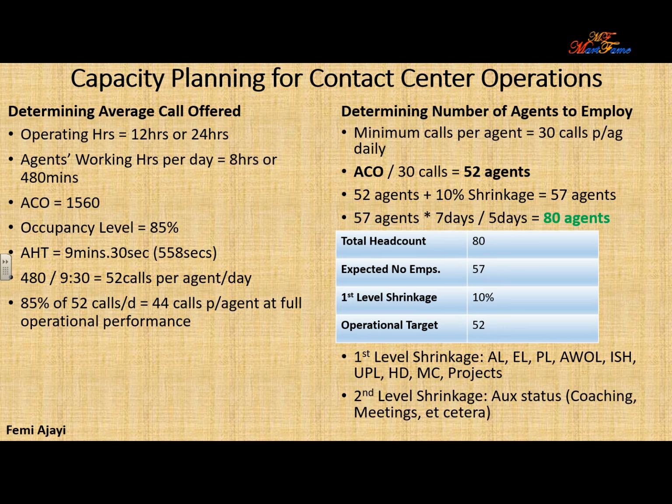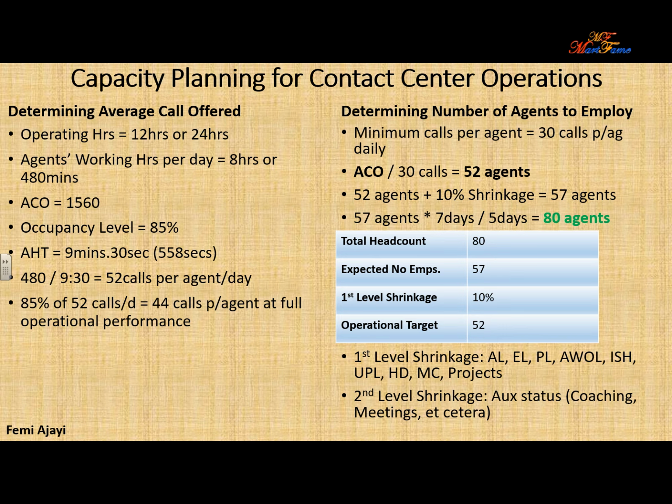So 57 agents, the total agents including shrinkage, times 7 days a week divided by the 5 days that each agent should be working, gives you 80 agents that you need to employ, the total head count you need for a 6 or 7 day operation in a week. So now we know the total head count that we need to employ for the operation will be 80.